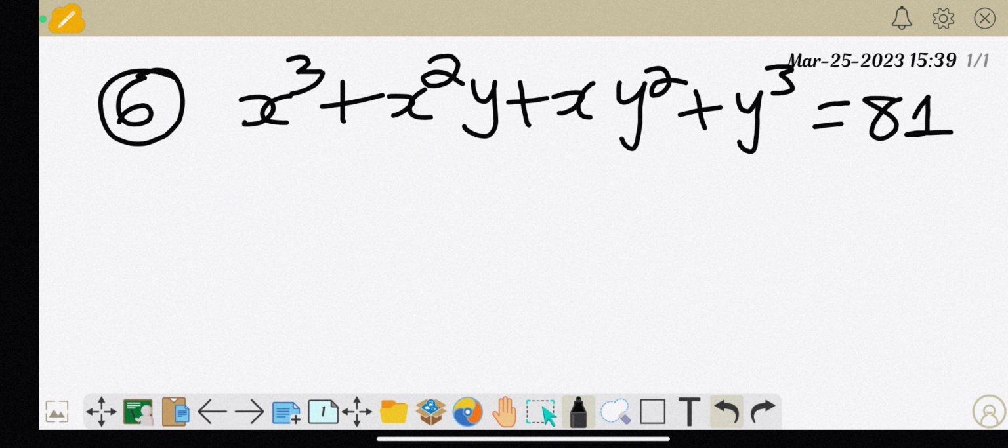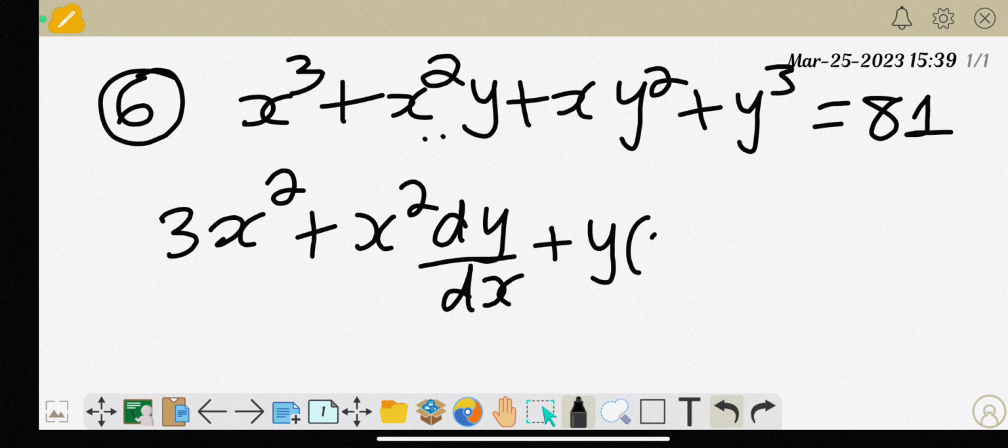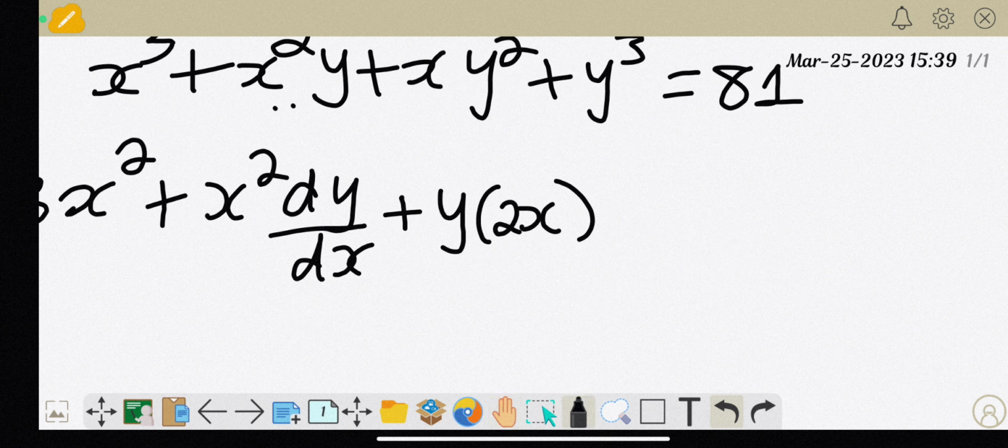Here differentiation of x cube, you know, is 3x square. Then here you have to use the product rule. First function into differentiation of second function dy by dx plus second function into differentiation of first function, which is 2x. Correct. Same thing you have to do for this also.